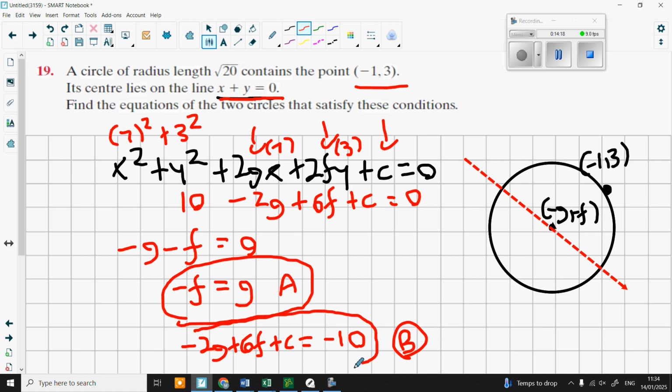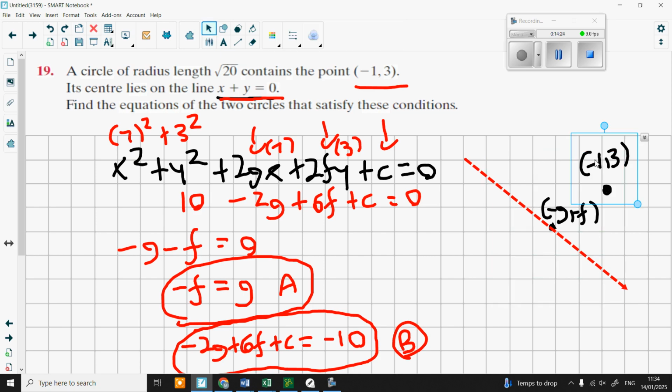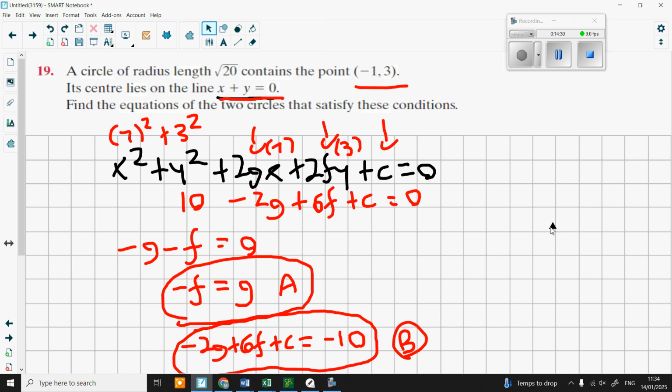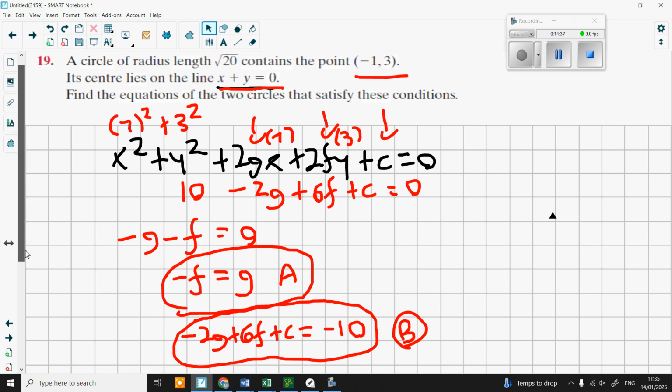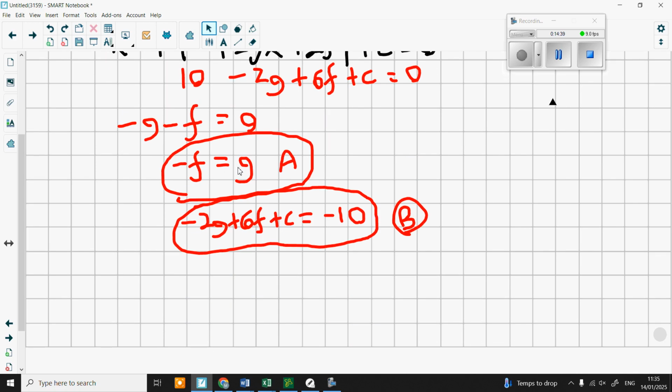Now, where do you think I get my third equation from? Yeah, the radius. Okay, so I'm going to delete all that now, don't need it anymore. What's the radius formula? Actually, just while we're here, I can change g to minus f, can't I?